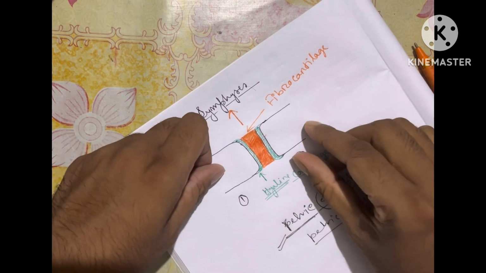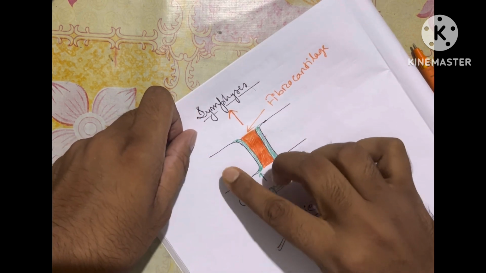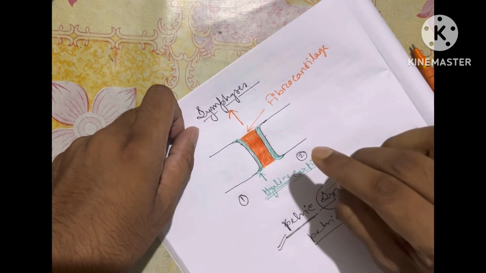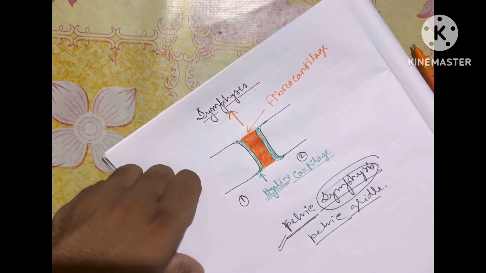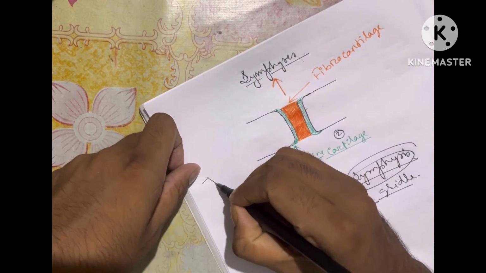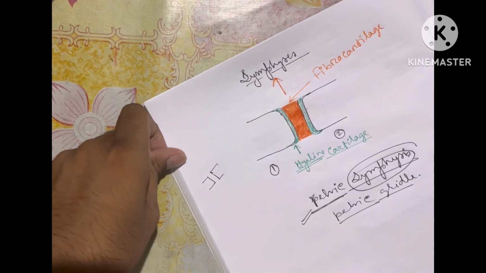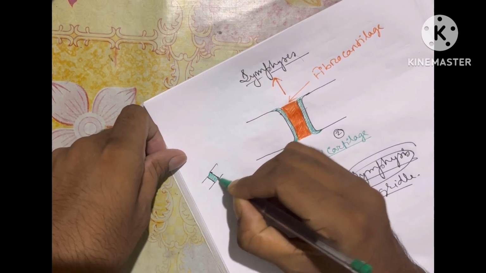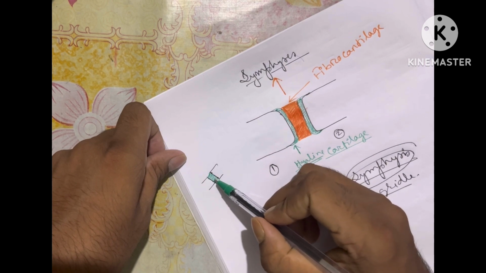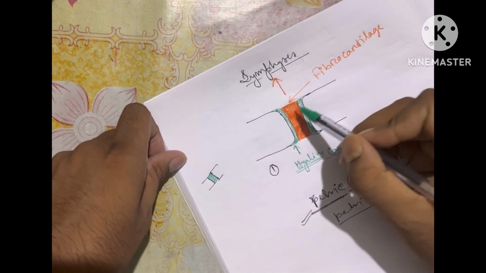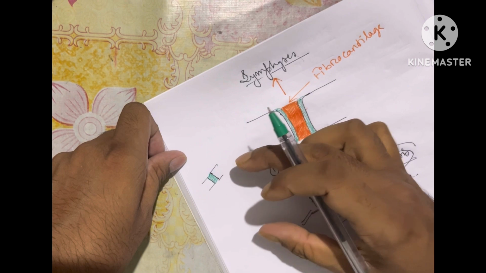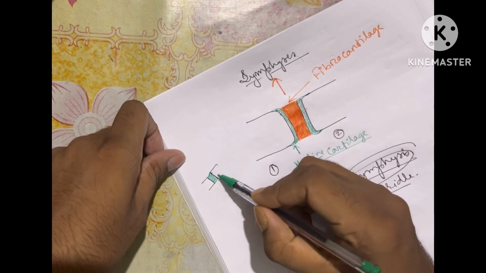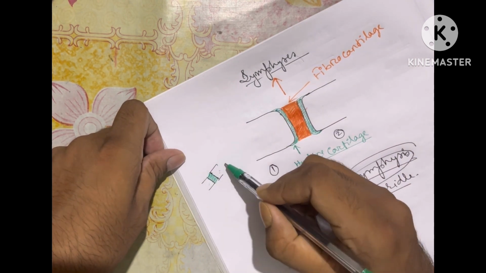In synchondrosis, as we have just discussed, two bones are present and in between them hyaline cartilage is present. But in that case the hyaline cartilage is not covering the ends. It does not act like a crown on the articulating bones in synchondrosis.